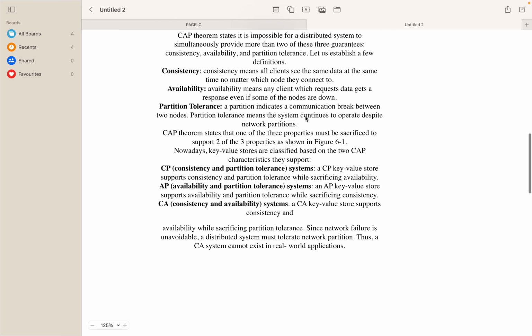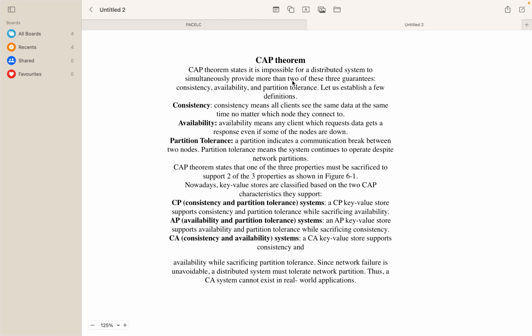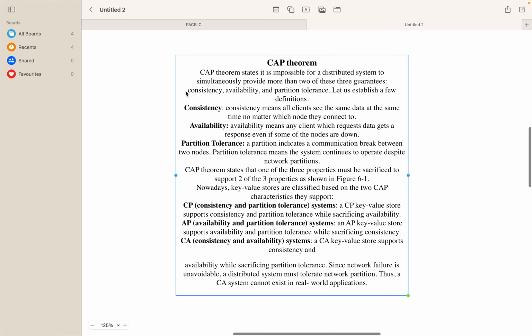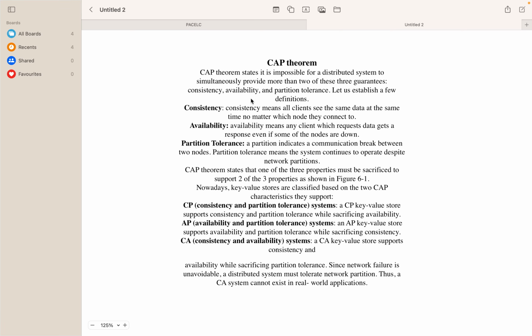Here you can see the CAP theorem states that it is impossible for a distributed system to simultaneously provide more than two of the three guarantees: consistency, availability, and partition tolerance. To understand this line, we first have to understand consistency.